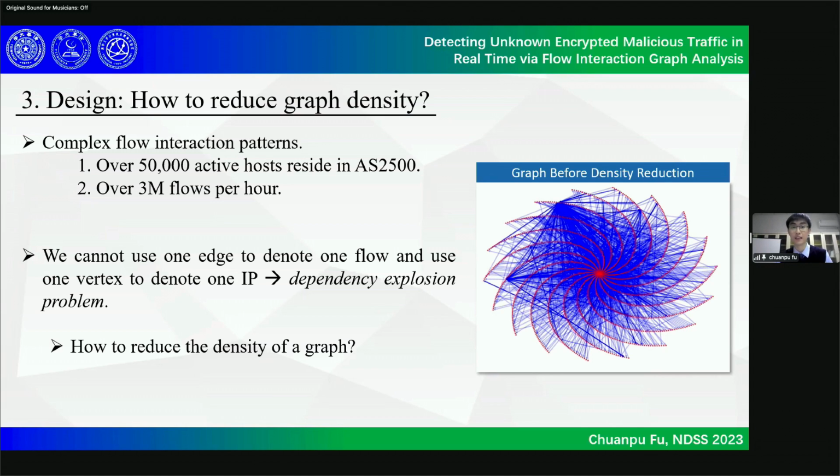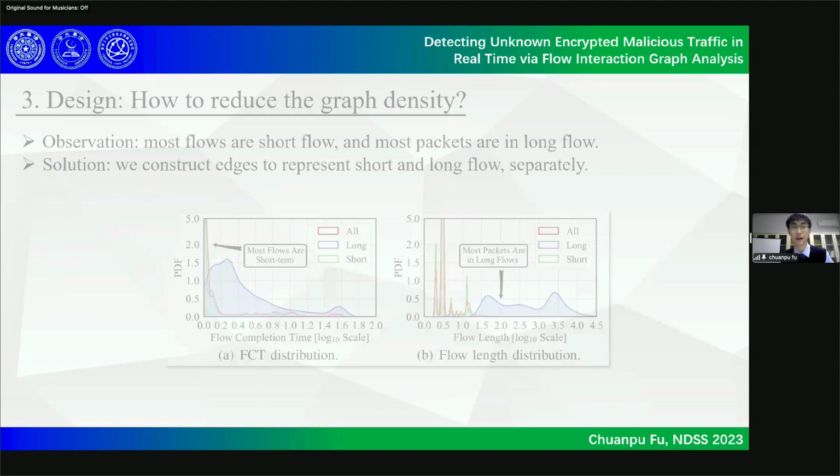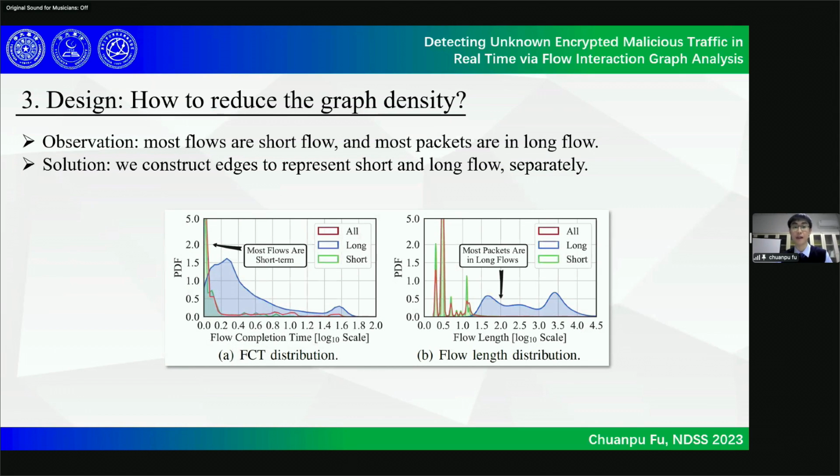This issue is like the dependency explosion problem in provenance graph analysis. So what is the best way? We observe that short flows and long flows exhibit distinct distributions. That is, most flows are short flows, but most packets are in long flows. So it motivates us to build edges for short and long flows separately.